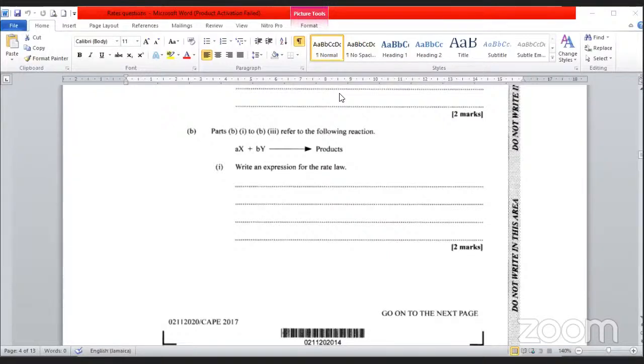So if you had rate is equal to K times the concentration of X raised to the power A times the concentration of Y raised to the power B, or vice versa with those powers, you would only get 1 mark for having the K correct. Yes, Crystal?